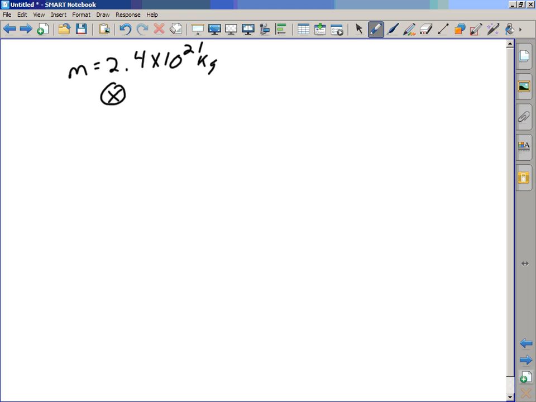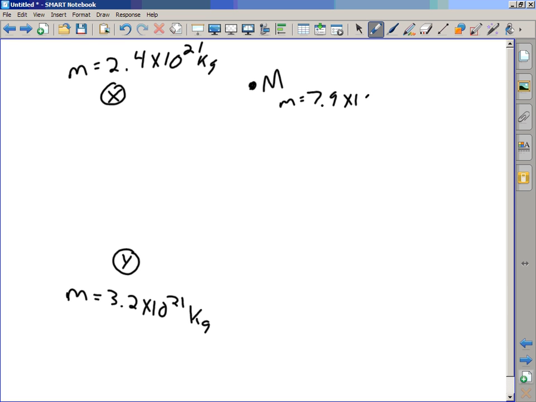And Y now is going to be down here. Its mass was, give me that please, 3.2 times 10 to the 21st kilograms. And I'm going to put Mr. Moon over here. The moon had a mass of 18 kilograms.